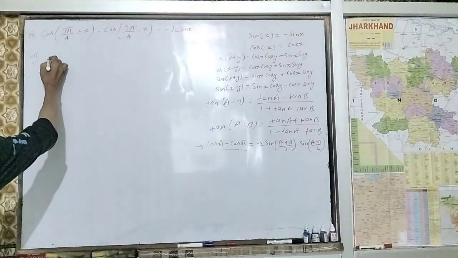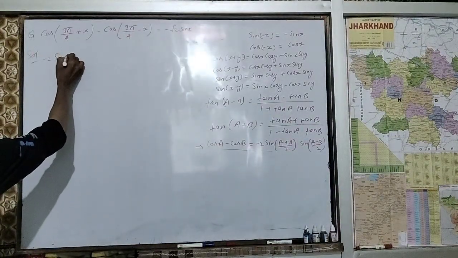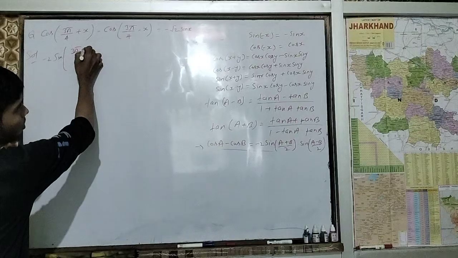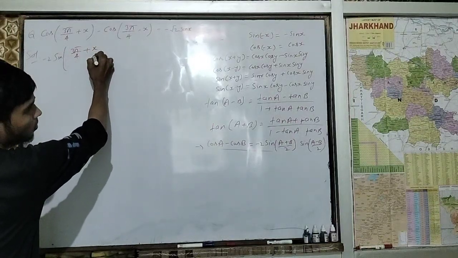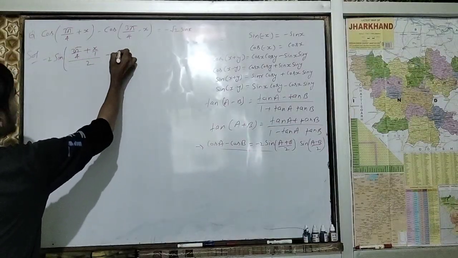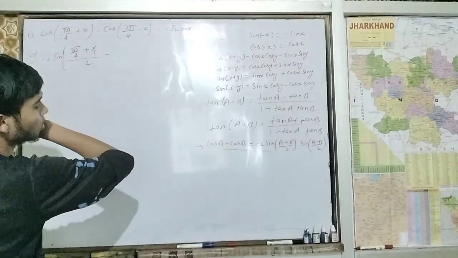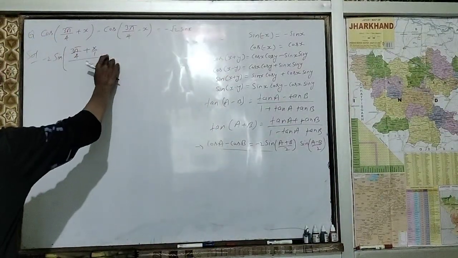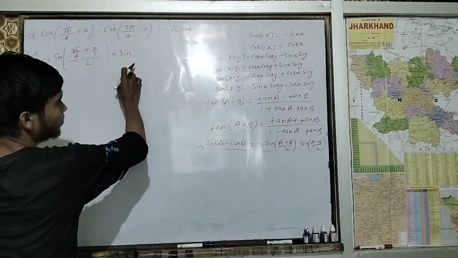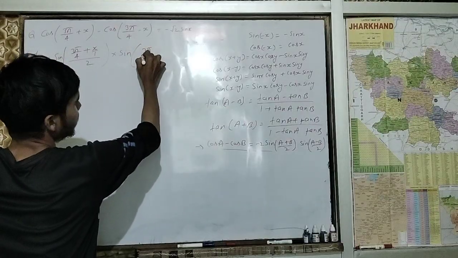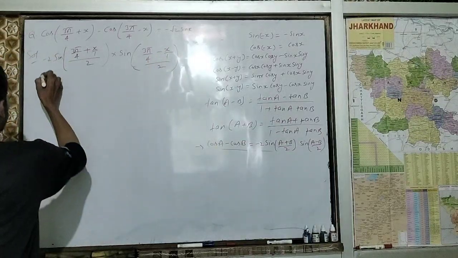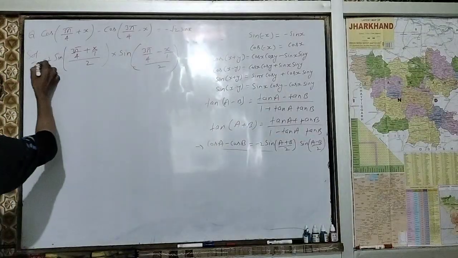Here we have this: minus 2 sine of A, which is 3 pi upon 4 plus x upon 2, then minus, not minus, minus 2 sine of 3 pi upon 4 minus x upon 2. It is not minus 2, this is minus 2.